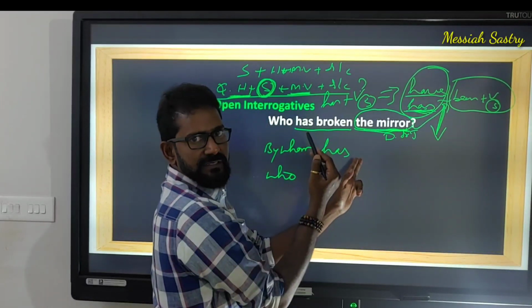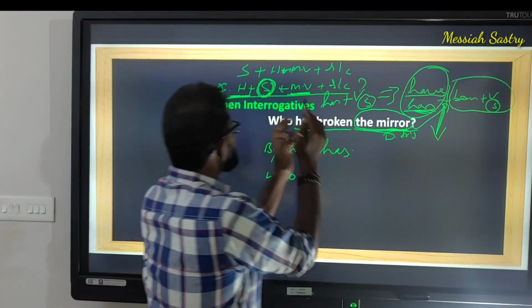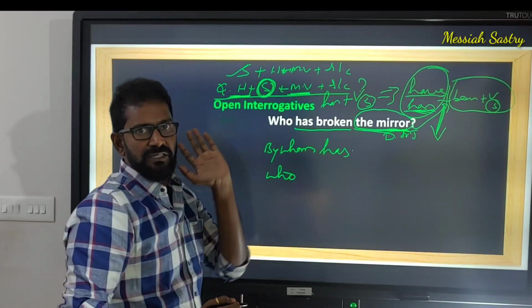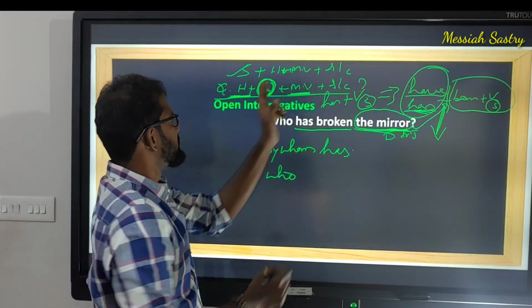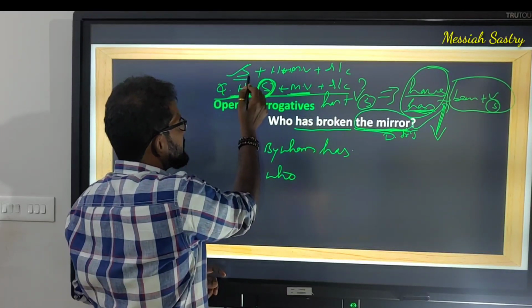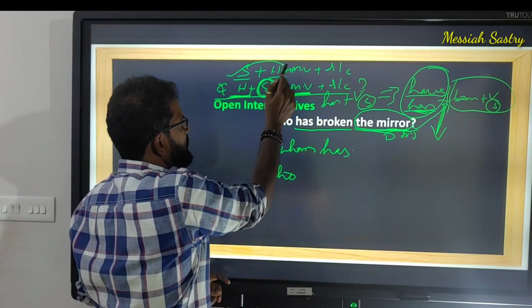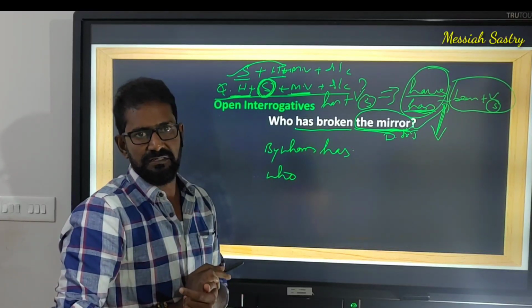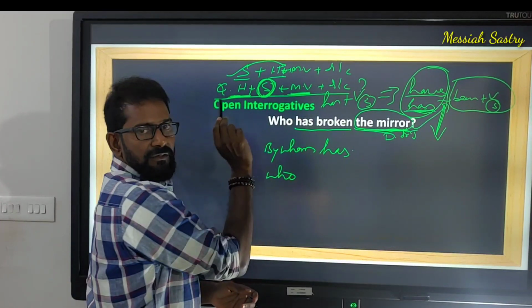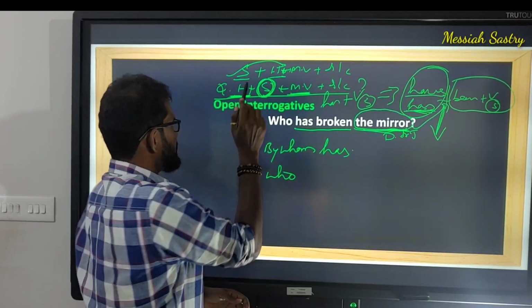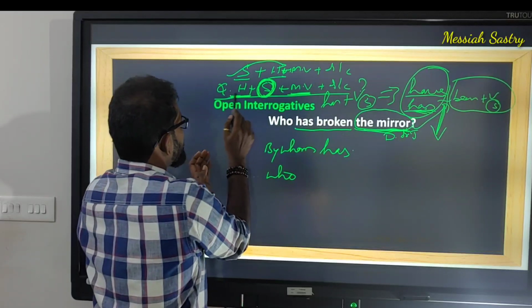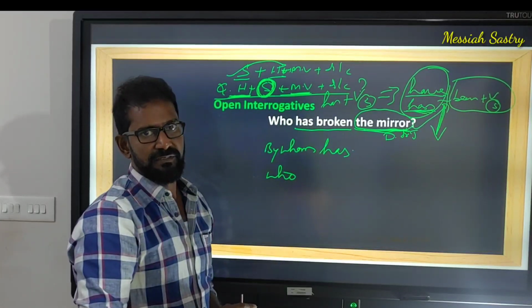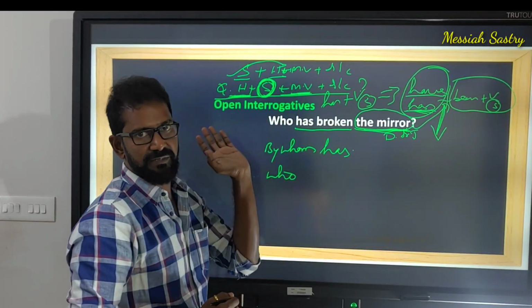Now write the subject. So once again, interrogative sentences differ in syntax. Whereas the helping verb comes after the subject in a declarative sentence, in open interrogative or closed interrogative, the subject comes between helping verb and main verb.